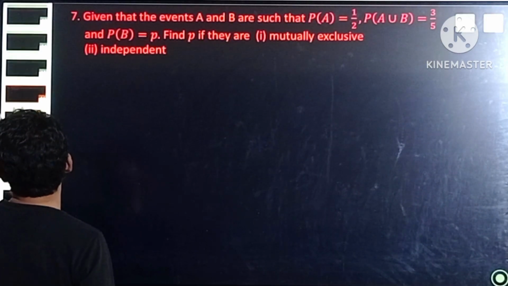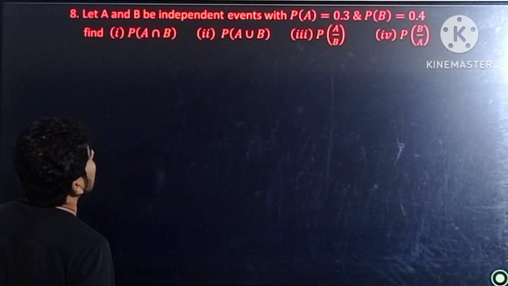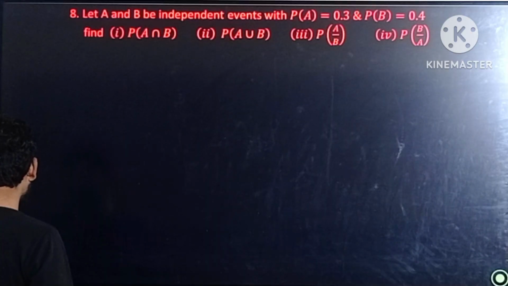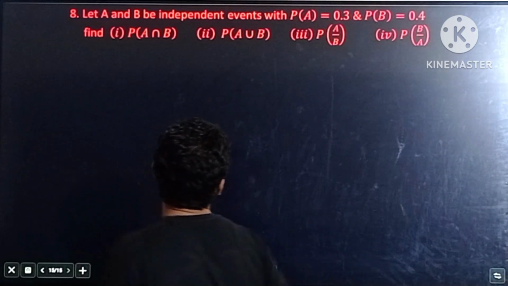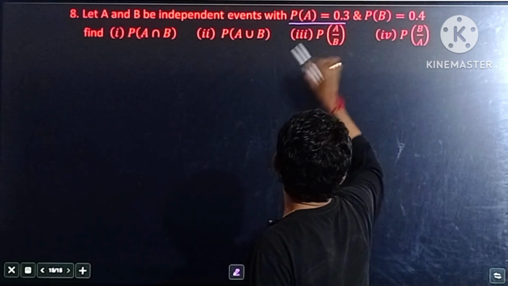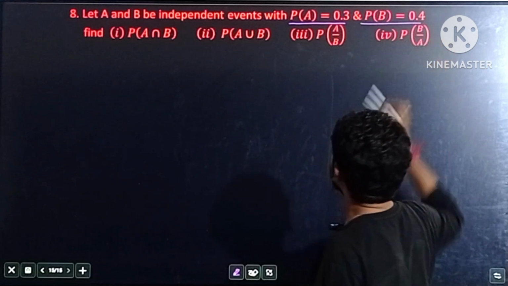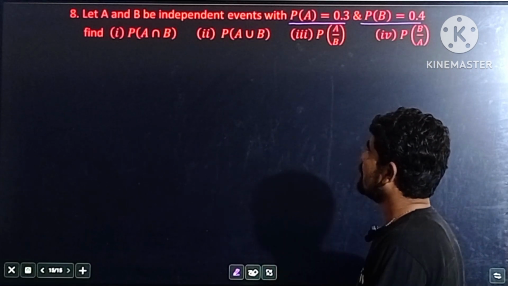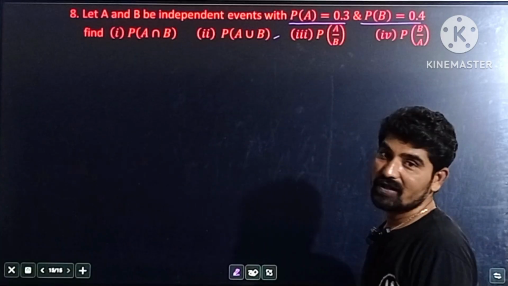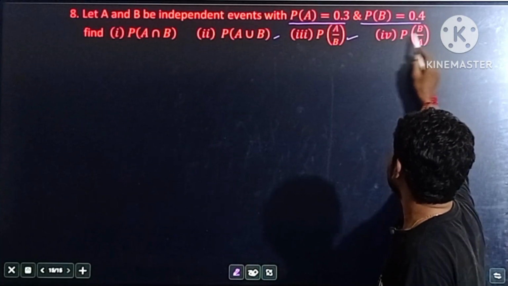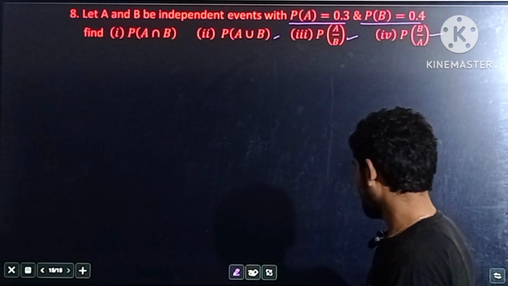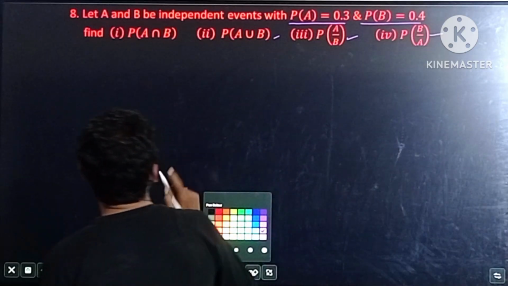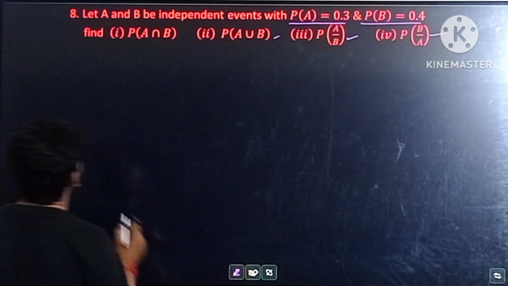And the next question is: A and B are independent events with probability of A is 0.3, probability of B is 0.4. Then we need to identify probability of A intersection B, probability of A union B, probability of A by B, as well as probability of B by A. See here he has given that A and B are independent events.